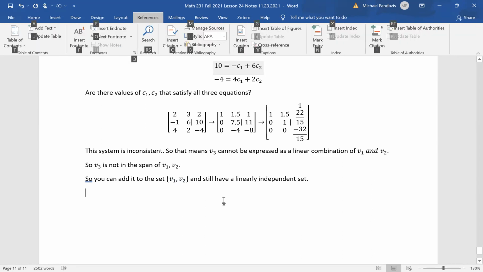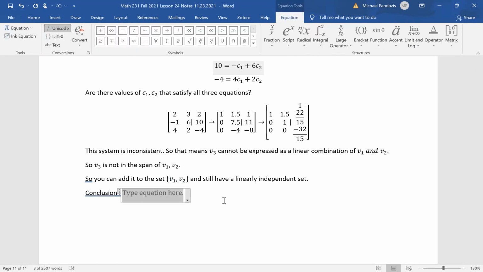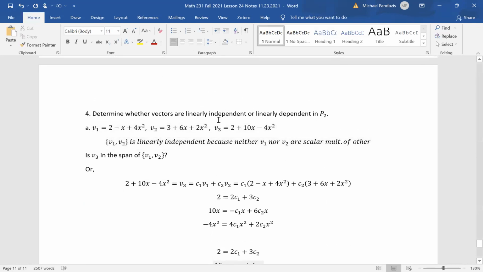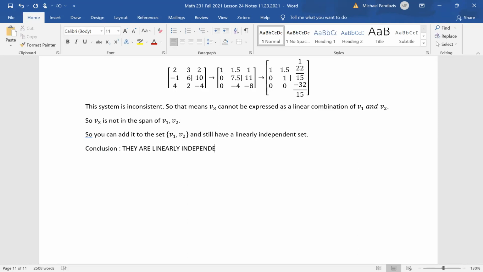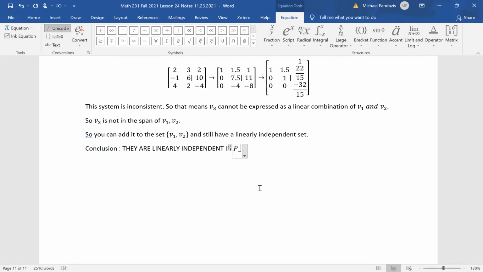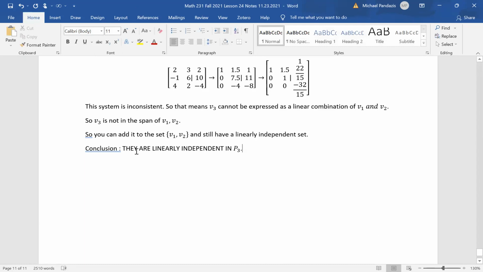The conclusion is that the set of three things is linearly independent. These three vectors are linearly independent in P3. And so that is explaining that problem.